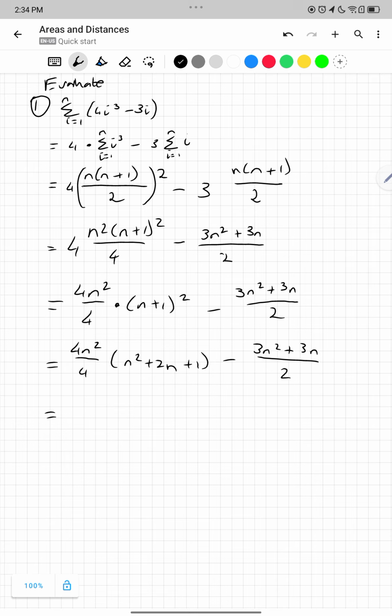So that means we're going to have 4n to the fourth plus 8n to the third plus 4n squared all over 4, minus 6n squared plus 6n over 4.